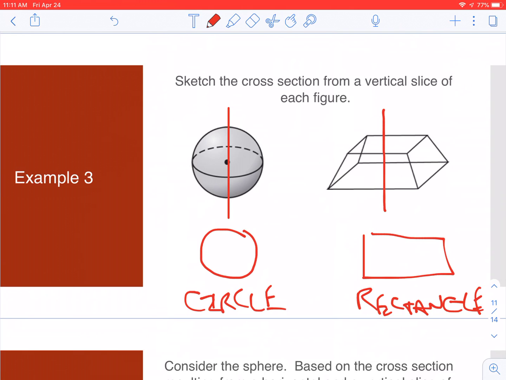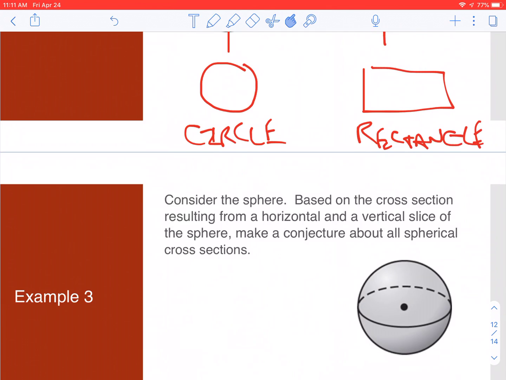Okay, but if we cut it exactly vertical with a vertical plane, the inside of that, if I cut this off here and cut it here, you would see that that would end up being a rectangle. If we went outside of here, it would be a trapezoid. But if you're cutting it down the middle, it's going to be a rectangle.